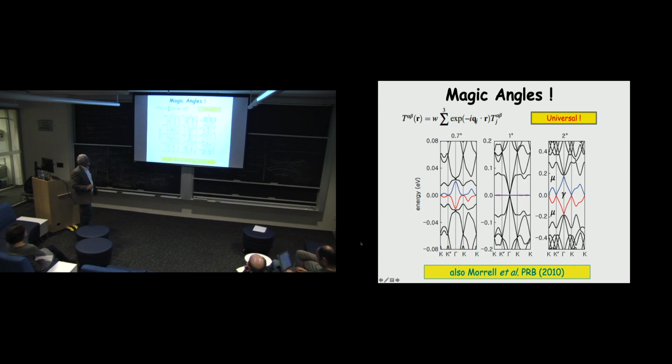And that's the magic property which, at a very special twist angle, given in this one-parameter theory, if you put in an estimate for this tunneling amplitude, comes out about 1 degree, you get states that are nearly independent of momentum. And that's when we know from our basic knowledge of solid state physics that you get strong correlation effects.